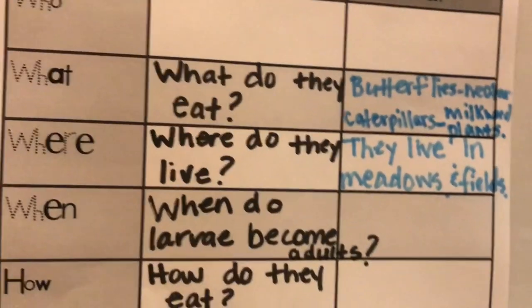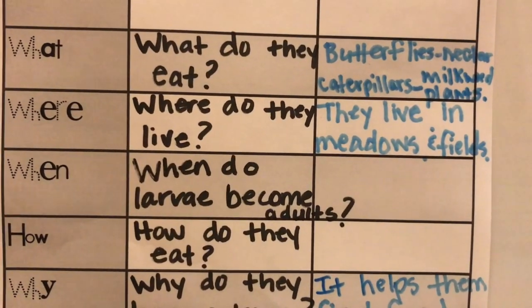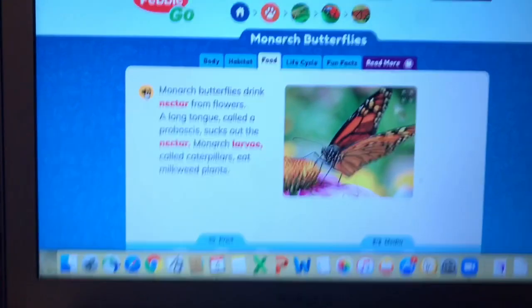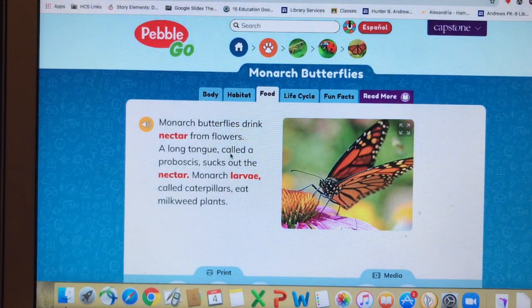Okay, good job. Now let's see if we can find the answer to how do they eat. Okay, well, if you look on here, it says a long tongue called a proboscis sucks out the nectar.